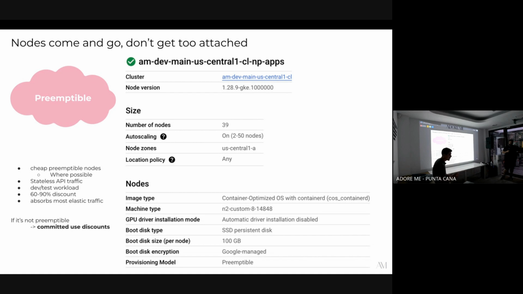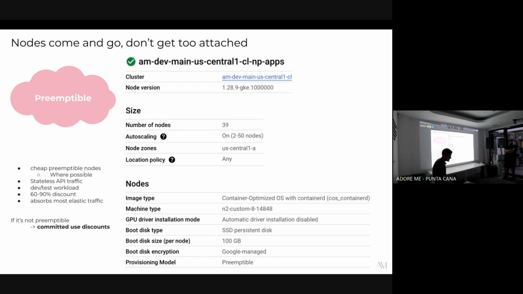We dropped the preemptibles because they are simply too unreliable, and we provision normal VMs, but after that period of 1 week, 2 weeks, we switch back to preemptibles. And for the infidels in the room, they're called spot instances in AWS.